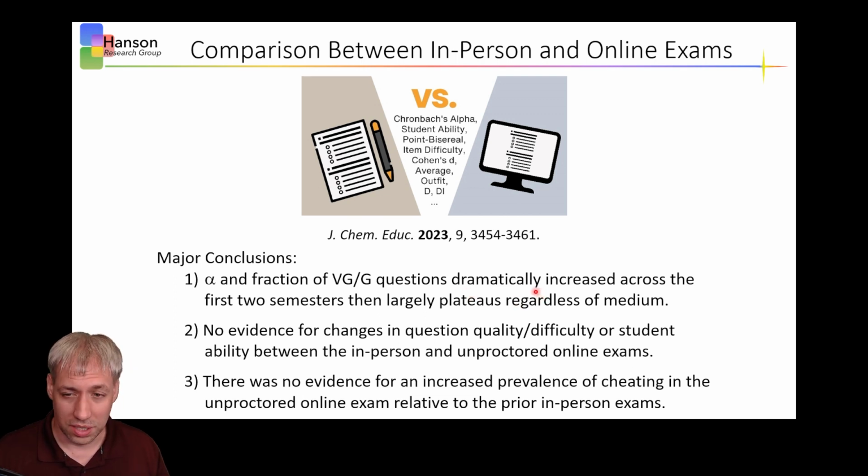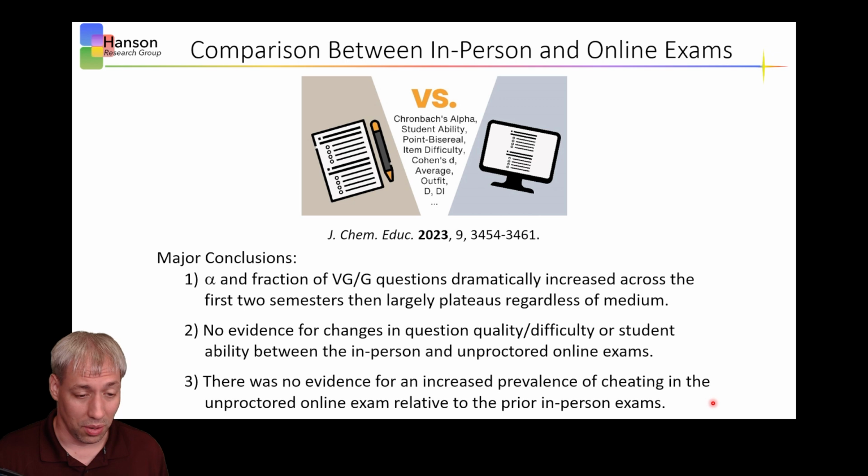Whether it was in person, in spring of 19 and fall of 19, or online, or a combination of online test and in-person lecture, it largely plateaued. And we saw no evidence of compromised questions. The question quality and the question difficulty remained relatively constant, as demonstrated by the equating procedure as well as the performance metrics on the questions.